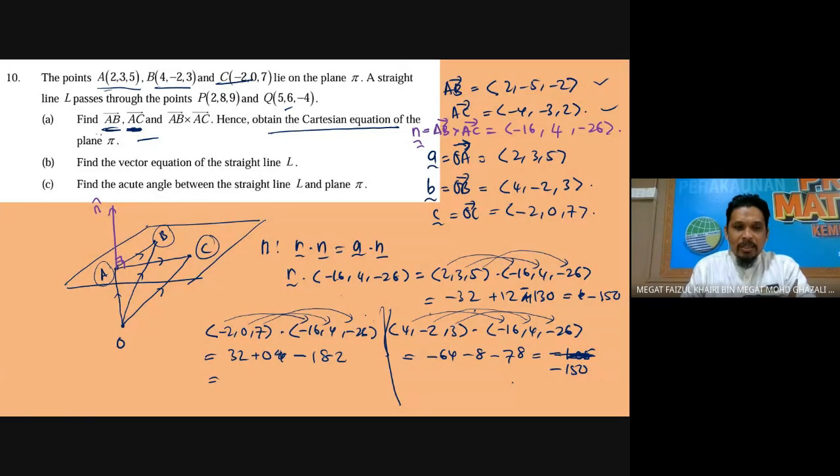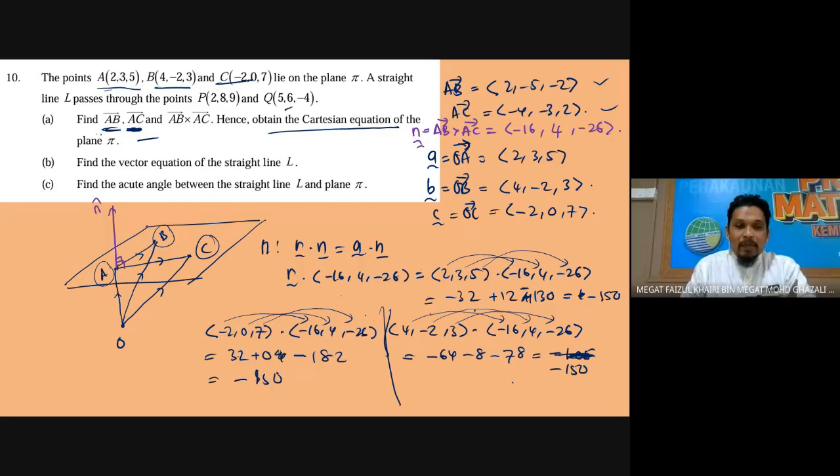So negative 182 plus 32 equals negative 150.